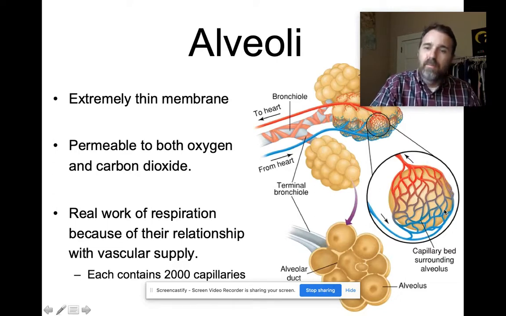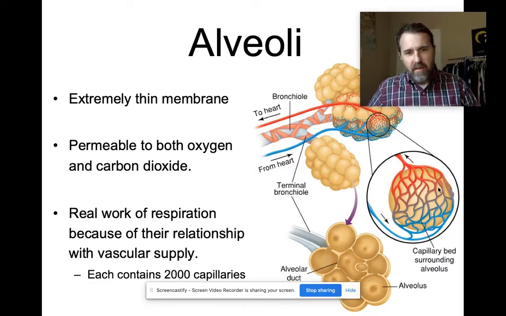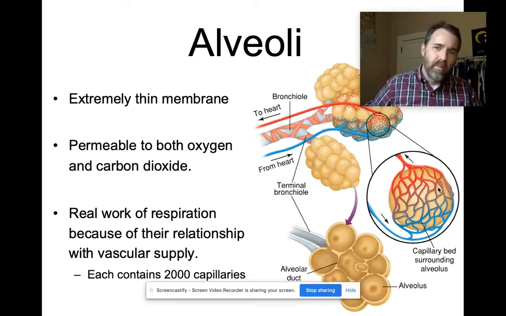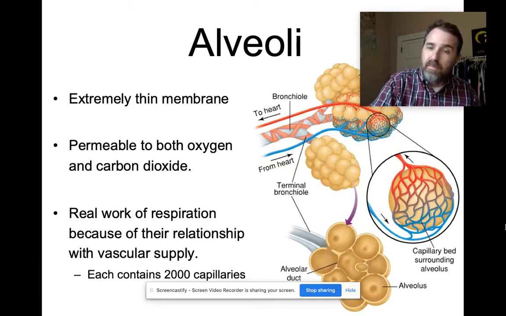Surrounding this membrane is a bunch of capillaries, which are your blood supply. Your circulatory system is bringing deoxygenated blood from the body to the capillaries to get rid of carbon dioxide and to gain oxygen.